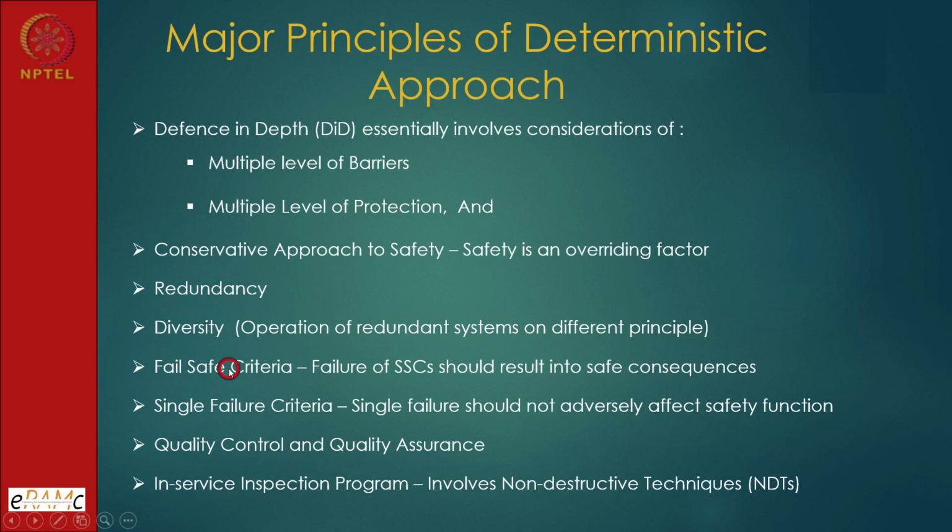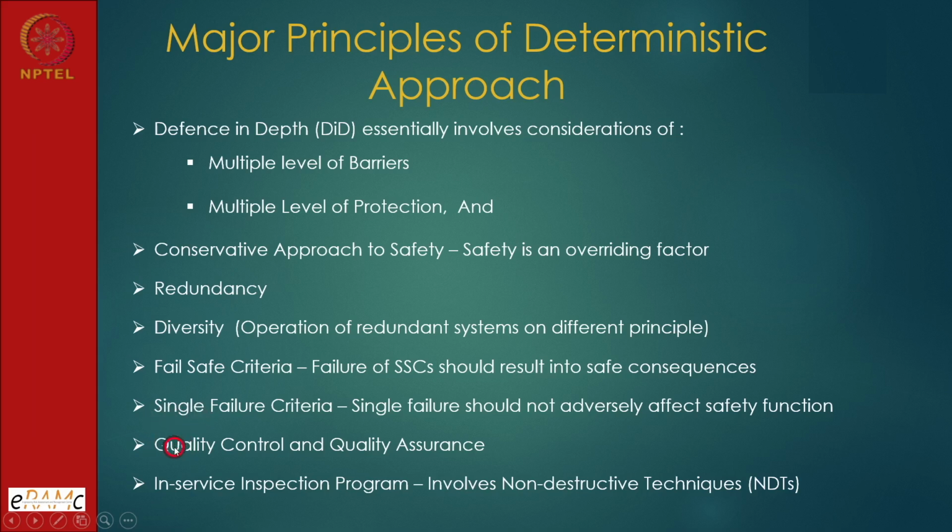That means a de-energized relay will de-energize the clutch also, which will insert the safety devices. Then single failure criteria. Single failure criteria means a single failure should not adversely affect plant safety.